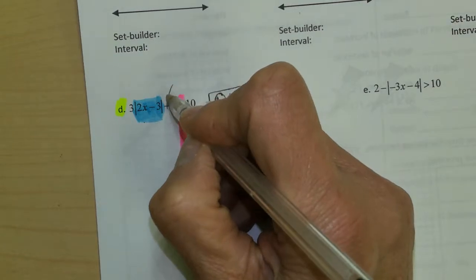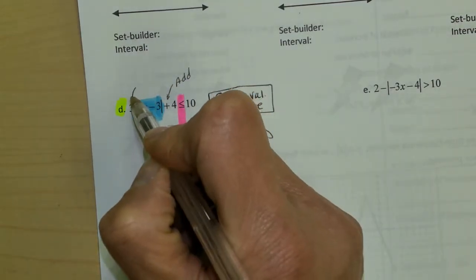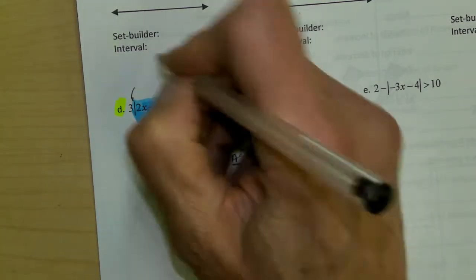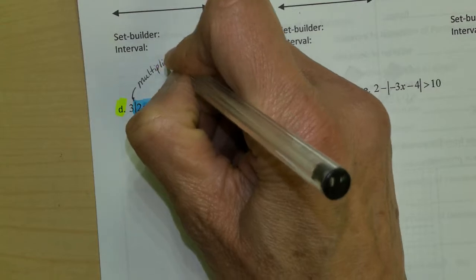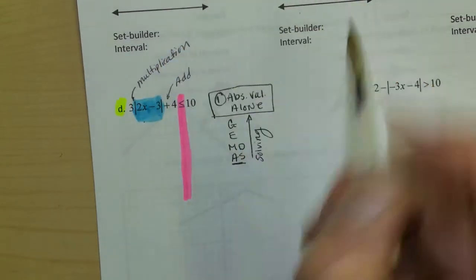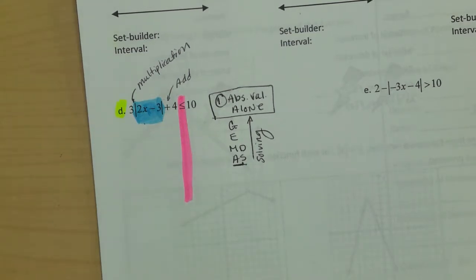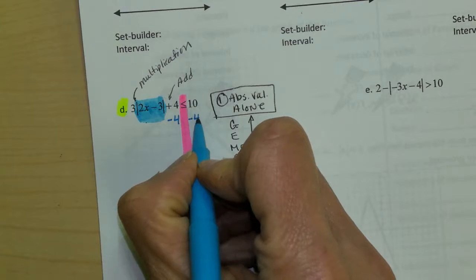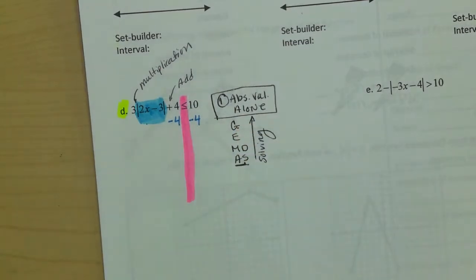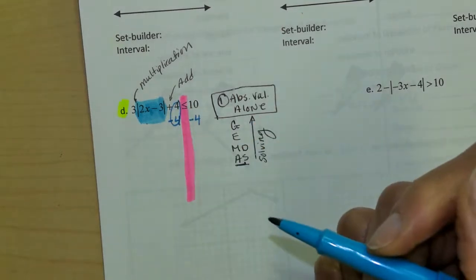Here I have an addition, and right between the 3 and the absolute value, I have multiplication. So I'm going to unadd, which means I'm going to subtract. I'm going to subtract 4 from both sides of that inequality. That turns this into a 0. I did that on purpose.